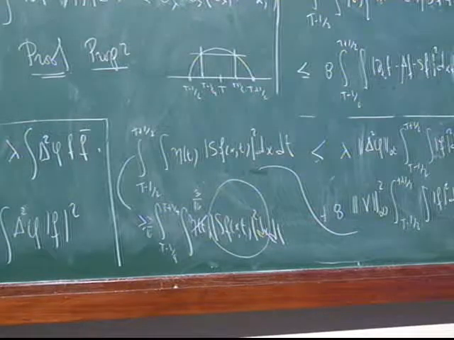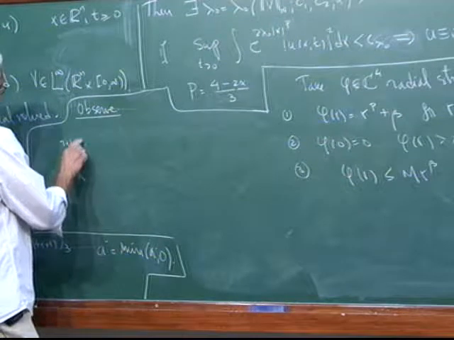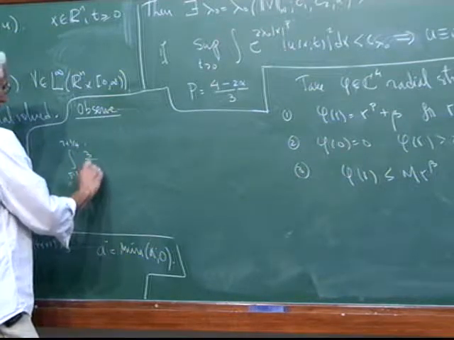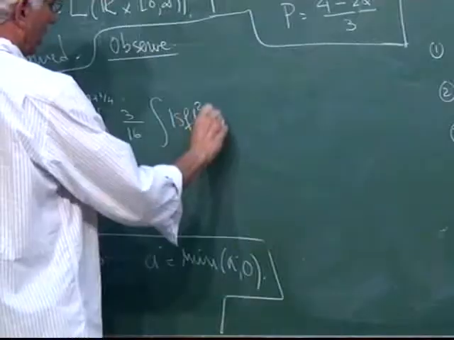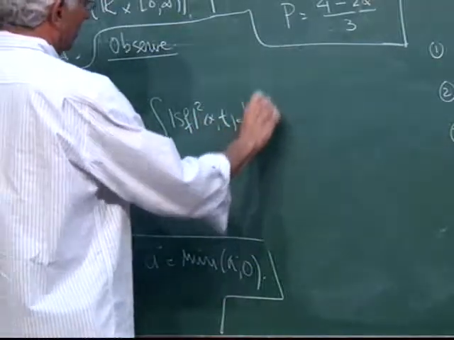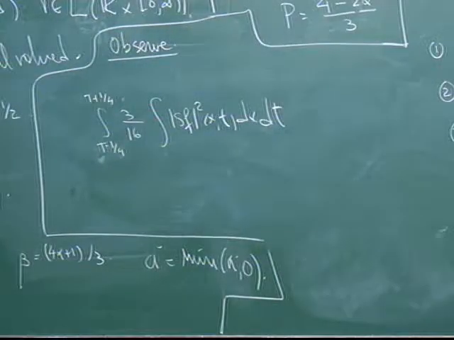I'm only saying that now I am into t minus 1/4, t plus 1/4, 3/16 integral of s of f squared x t dx dt. Is this okay? I integrate in something smaller. In this part, this function is bounded below by 3/16.